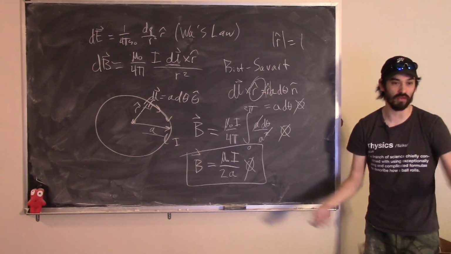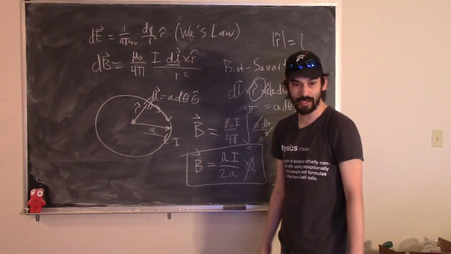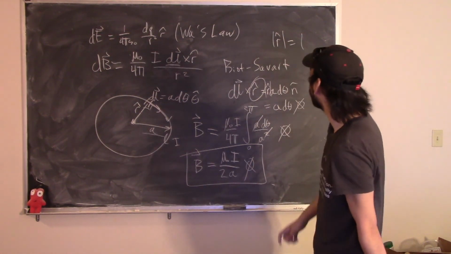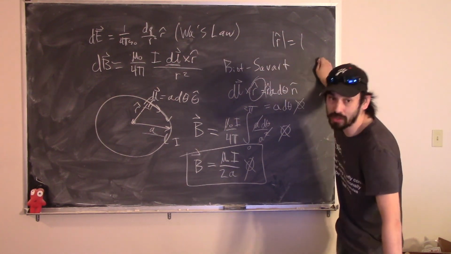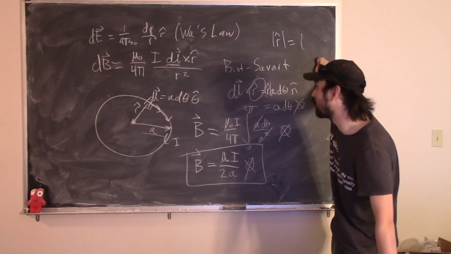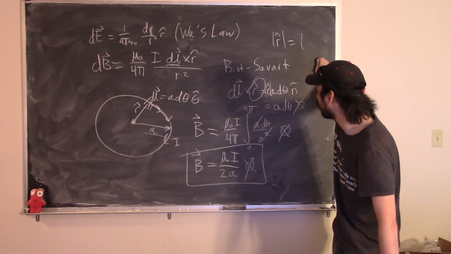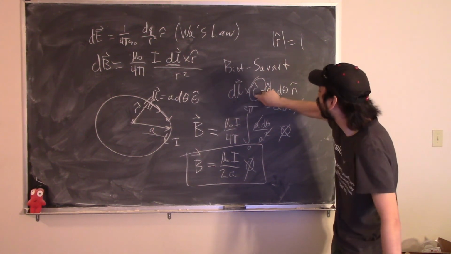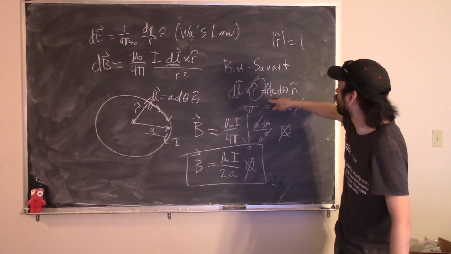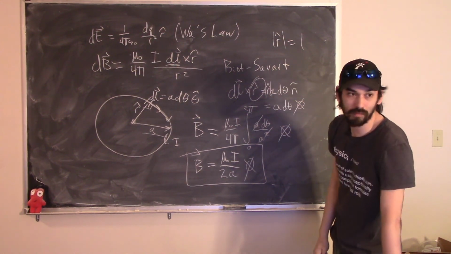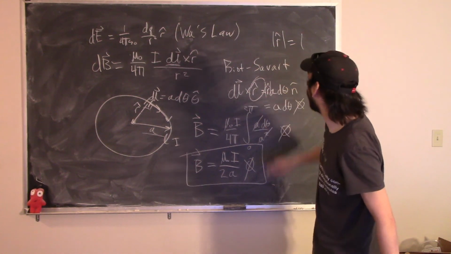But because it's a unit vector, and it's part of the reason why we like to work with unit vectors, a lot of times you end up having a dot product between two unit vectors. That's either going to be 0 or 1 depending on what the unit vectors are. Here I have a cross product with a unit vector. So whatever magnitude comes out of this is just going to be 1. So that's where that went.